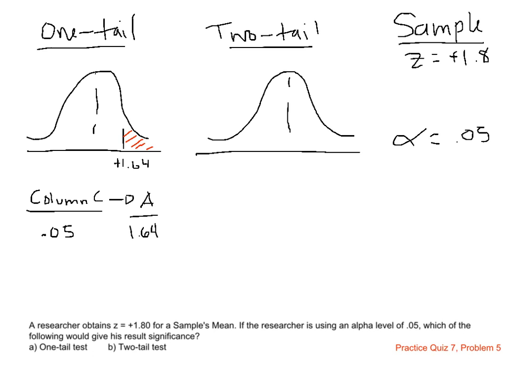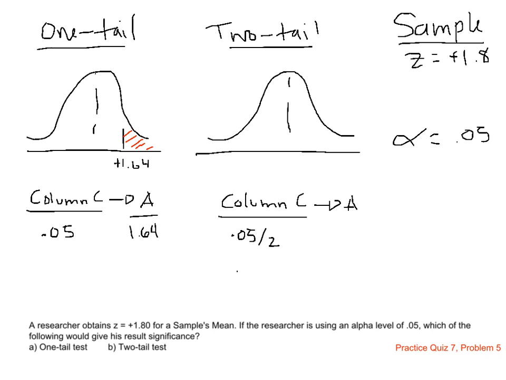For my two-tail now, I'm going to do the same thing. Go to column C and cross-reference with A. However, here I need to divide my alpha by 2 because I'm sharing that 0.05 with two tails.